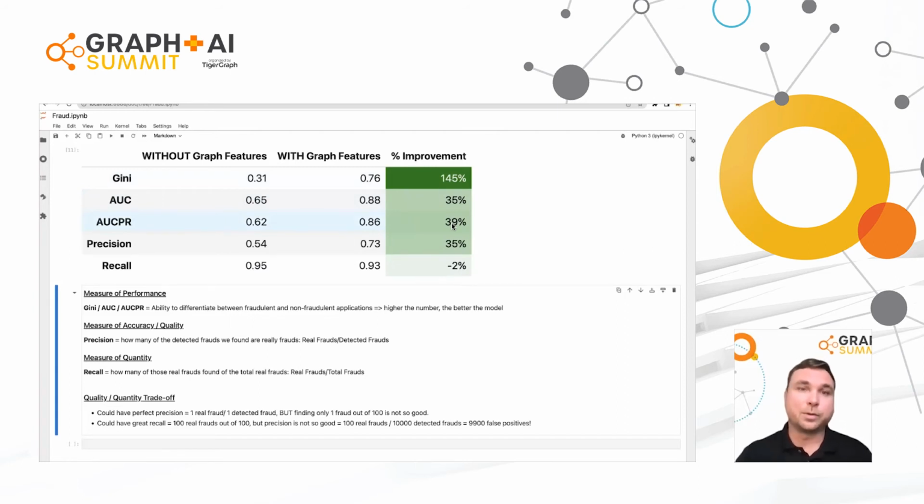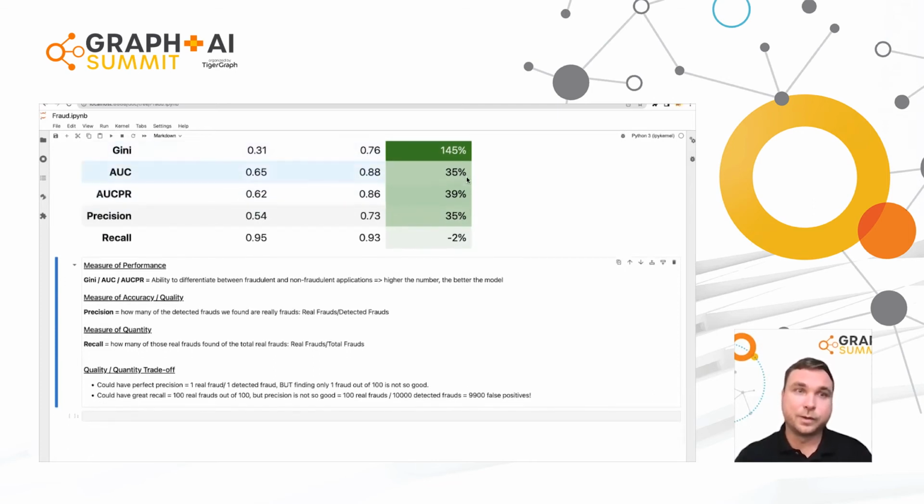And so when I talk about performance, that's the ability of the actual model to differentiate between fraudulent and non-fraudulent applications. Just for context, it's using the XGBoost model, and by incorporating graph features, we've seen a significant improvement in the performance.